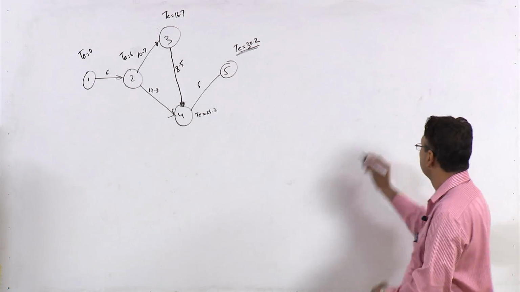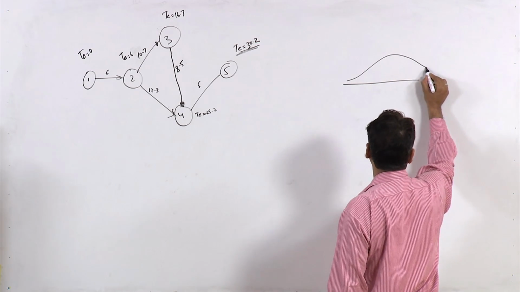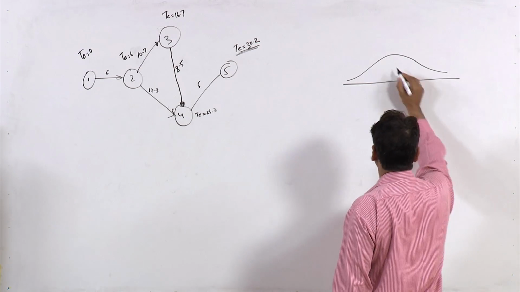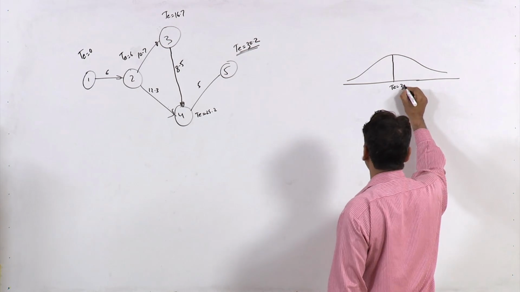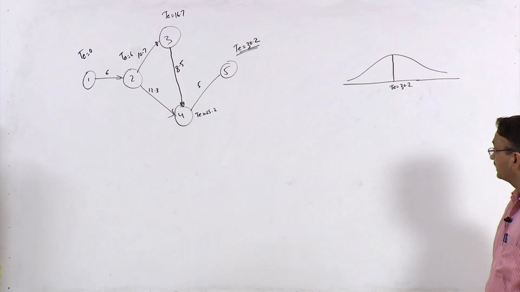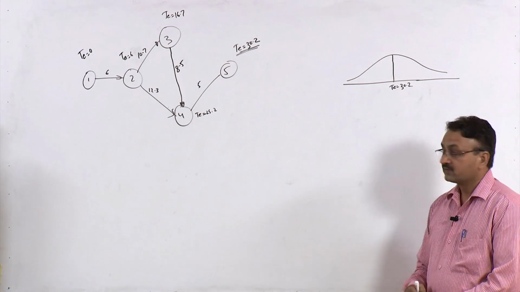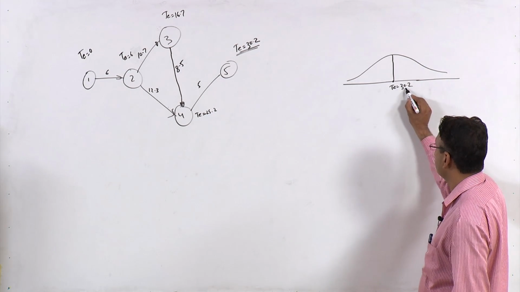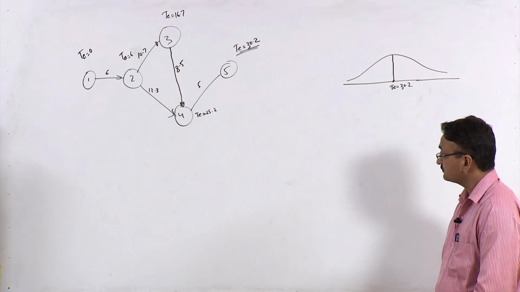Let me draw the probability distribution curve also. This is your TE, which is 30.2. So the probability of completing this project is 50%, and this is the time for that particular probability.